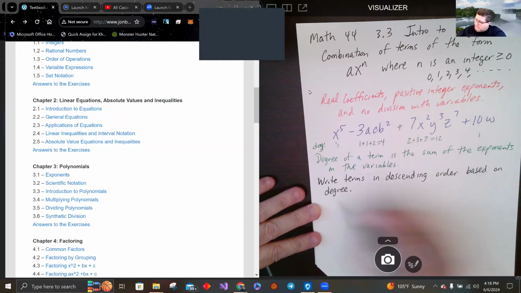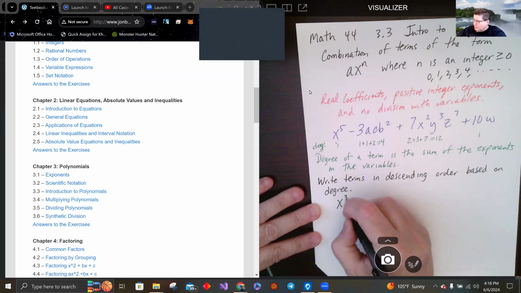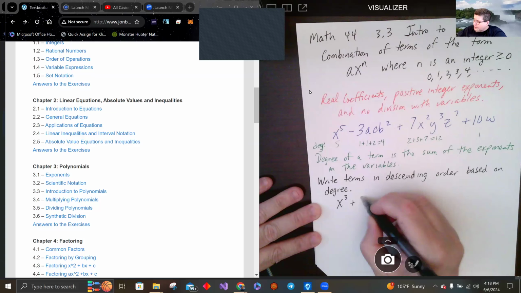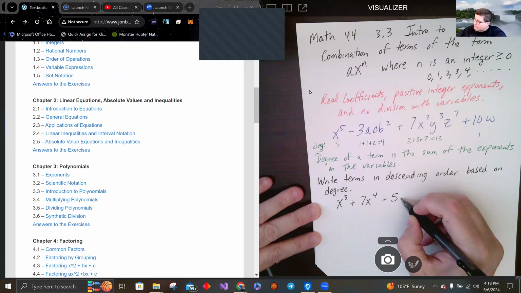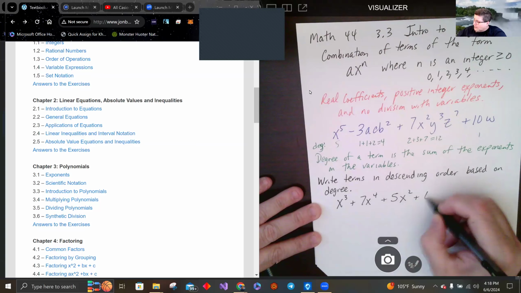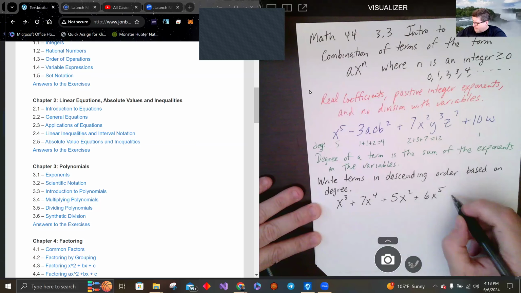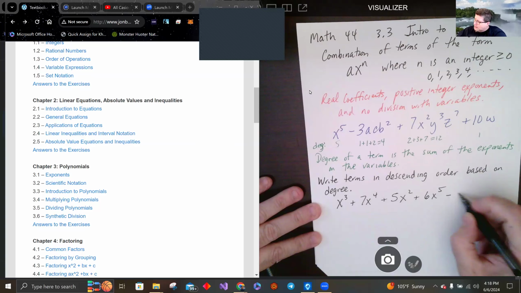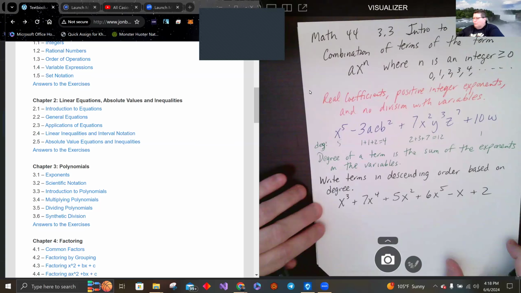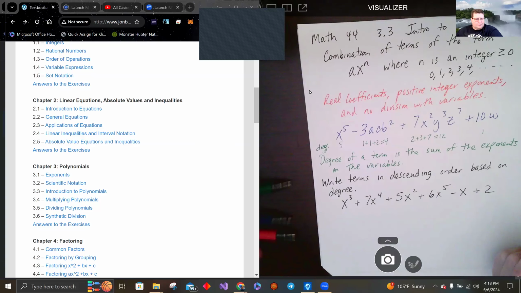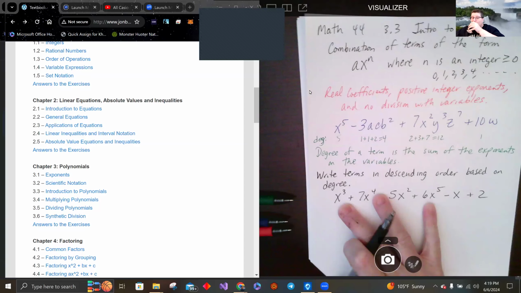So let's just give an example where you might need to do something. We want to write this where the exponents are in descending order.